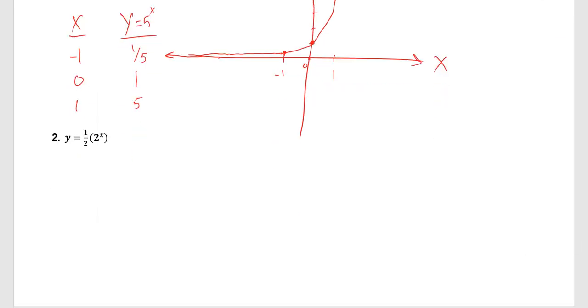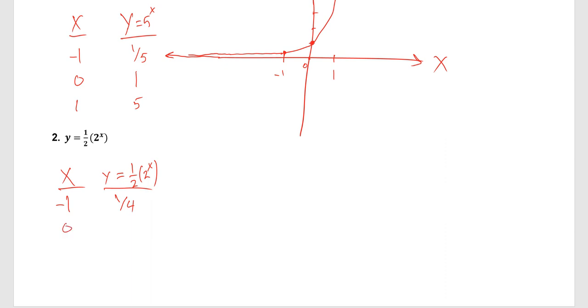Okay, next exercise, we have y equals 1/2 times 2 to the x. So again, make a table of values. We have x, and we have y equals 1/2 times 2 to the x. So for x at -1, we have 2 to the -1, which is 1/2 times 1/2, which is 1/4.